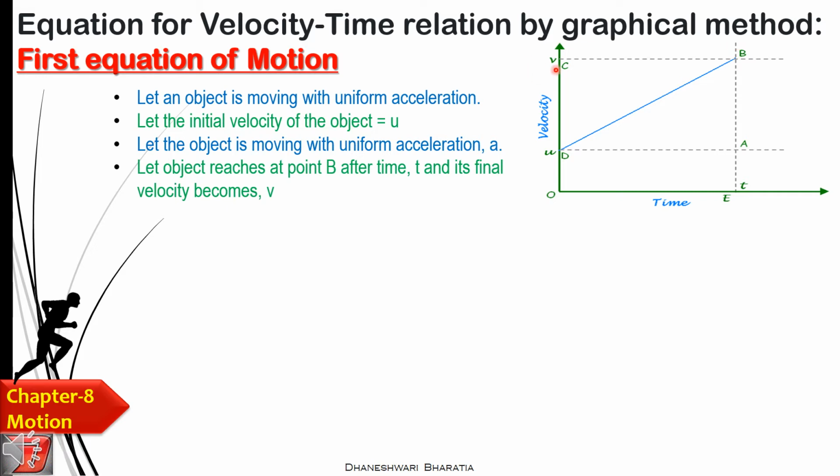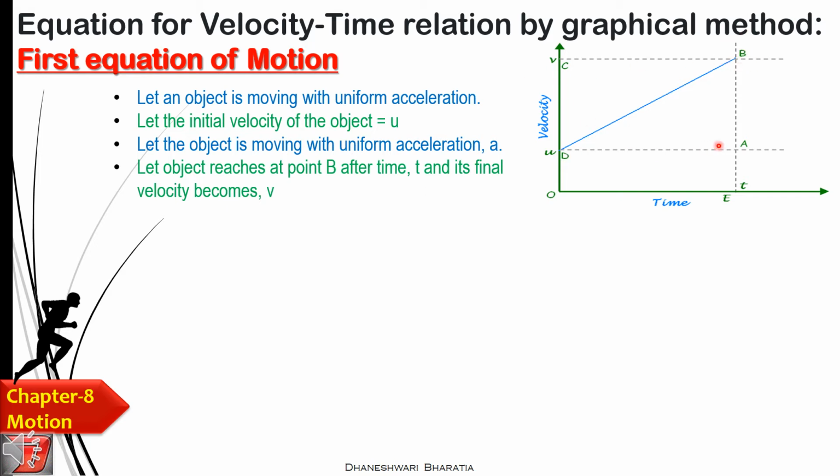Okay, and the final velocity will become v. I'll repeat, the object is moving with the uniform acceleration, right, which is given as a. Now the initial velocity is u, it has reached point B with the final velocity v.